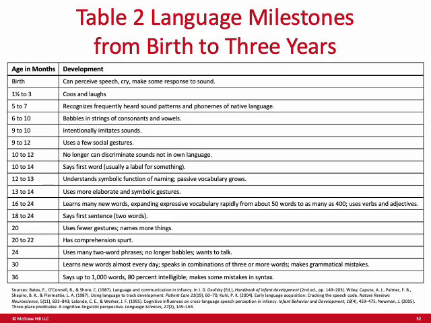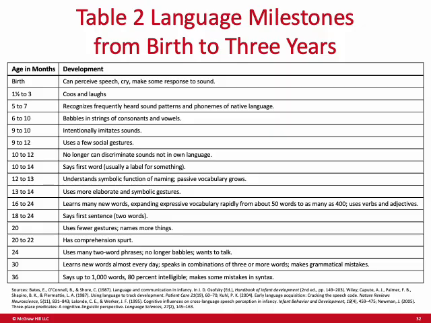Table 2 gives us a very detailed explanation of age in months on the left, development on the right. The age range is birth to 3 years, and it gives examples of language milestones. Some examples: at 10 to 12 months, a baby can no longer discriminate sounds not in their own language.